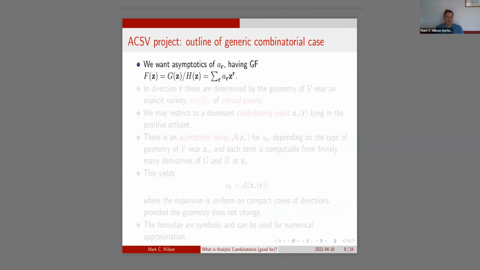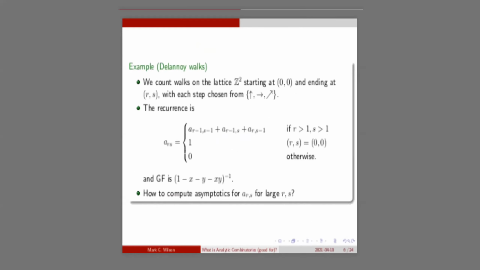So I'll give you a big outline of what we are looking at here. We want asymptotics of... another question, Mark? Peter Winkler asks, aren't there 3 ways to get from R-1, S-1 to RS?